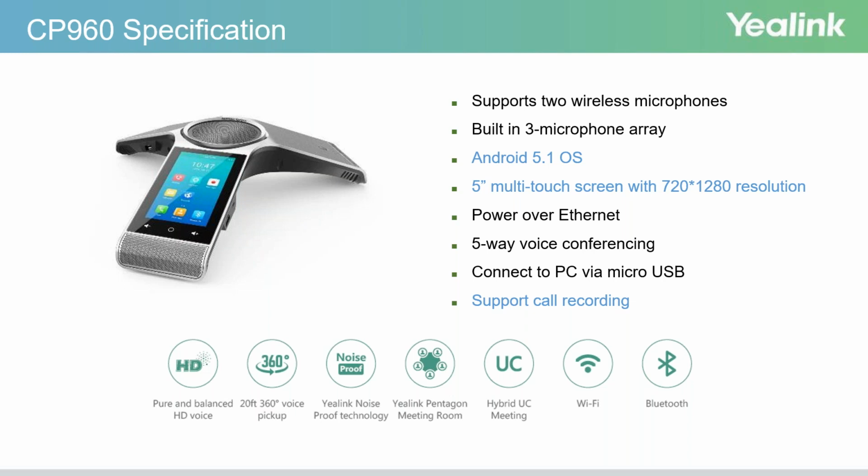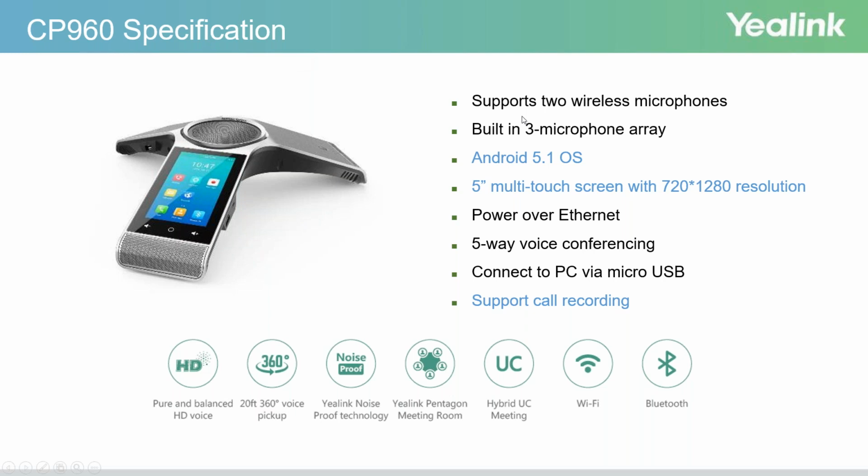Instead of all having to sit around a small computer screen or a small laptop, you all can at least move into a conference room or a larger space, connect the CP960 by way of USB to that laptop, and let the laptop run the show or at least join the meeting, but know that you have quality coverage coming from your side and from your end from an audio perspective, because it's all going to be going through the CP960.